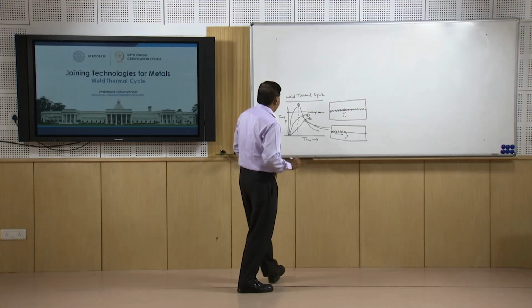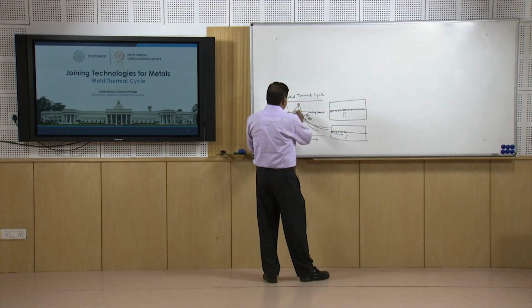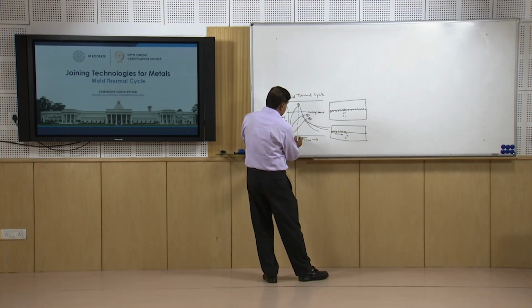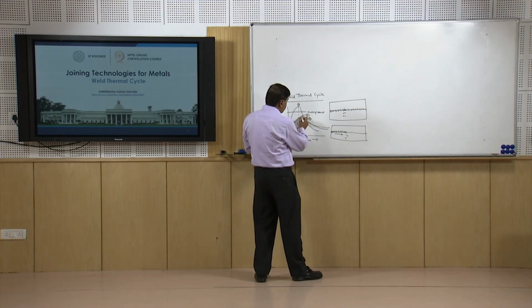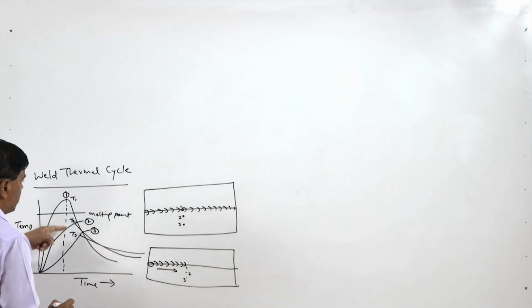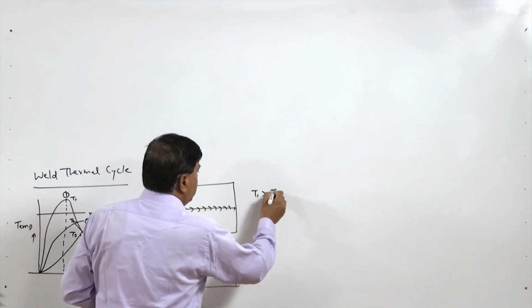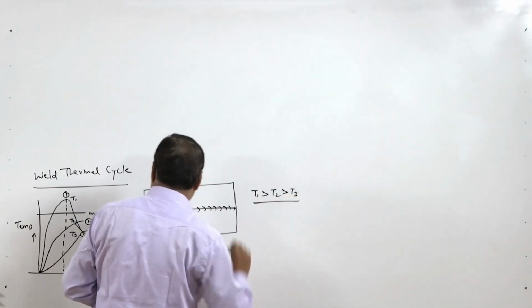Point 1 shows a very high peak temperature and takes very little time. For point 2, the peak temperature is somewhat lower. These are the peak temperatures T1, T2 and T3. If we see these 3 diagrams, T1 is greater than T2, which is greater than T3.